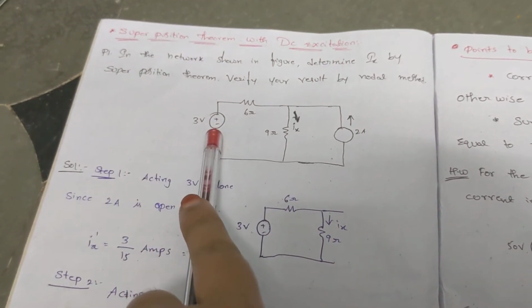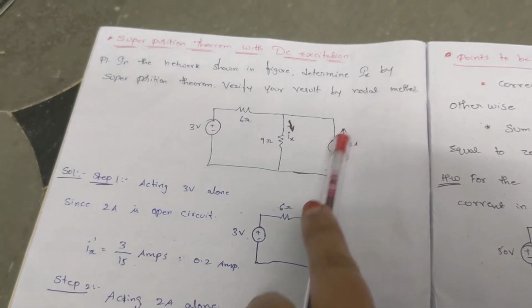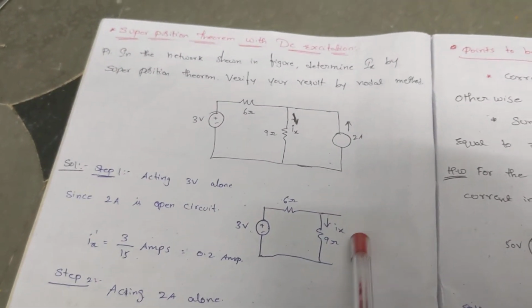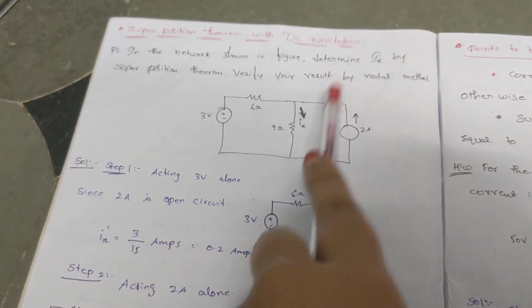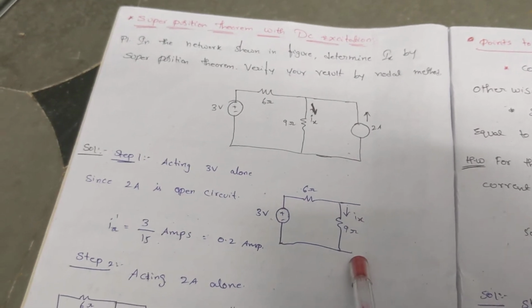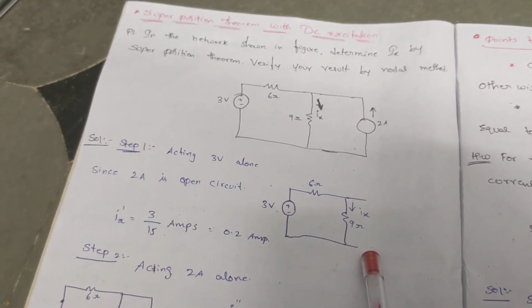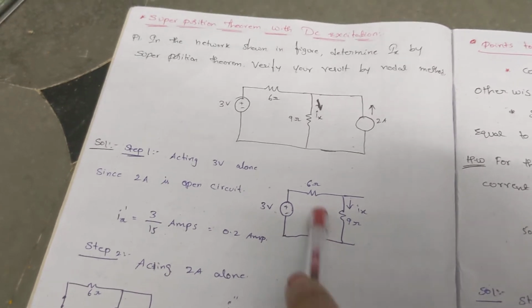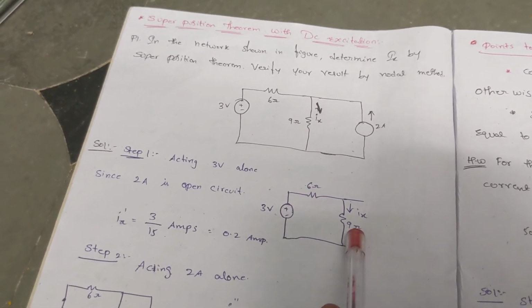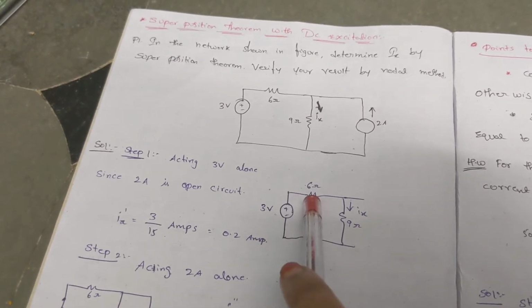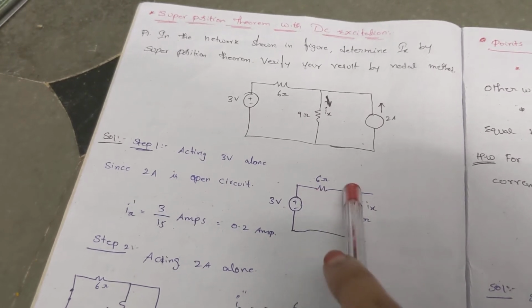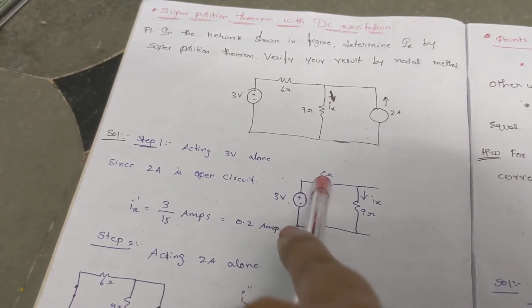When I am considering the 3 volt voltage source, the current source will be open circuited. Since there are no further elements connected here, I am just redrawing the circuit. When you observe the circuit, it has only two resistors connected in series. The same Ix current is flowing through the 6 ohm resistor also, so it acts as a series element.